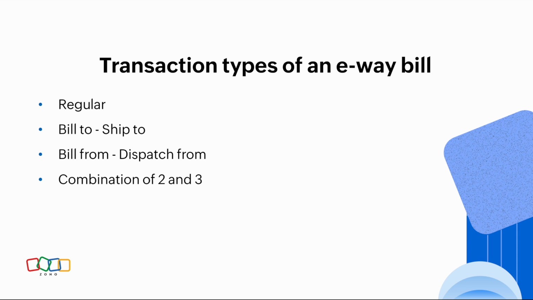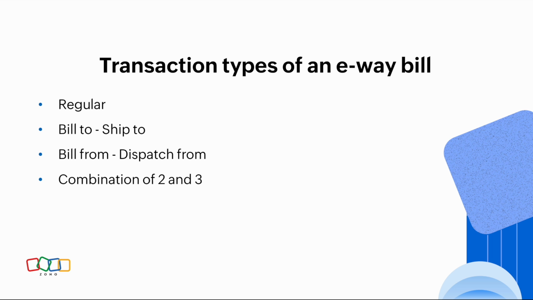It is also possible that your customer has requested the goods to be delivered to a different branch of their organization. The transaction type can be bill from, dispatch from if the bill from, dispatch from and bill to addresses are present in the e-invoice. In this case, the movement of goods is between the third party, that's your vendor, delivering the goods and your customer. It could also be that you're delivering the goods to a different warehouse.